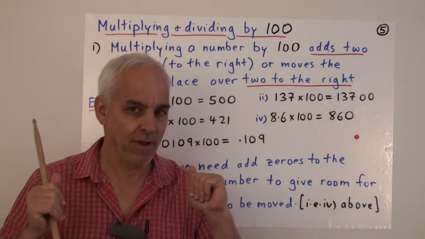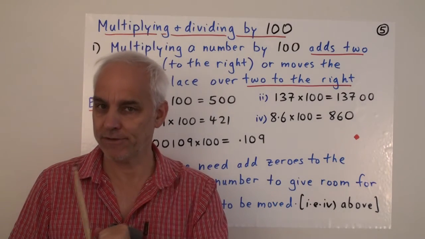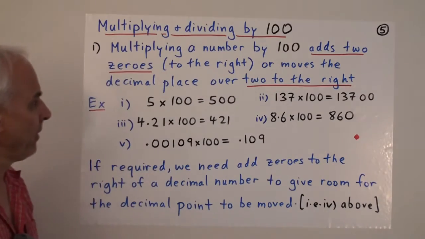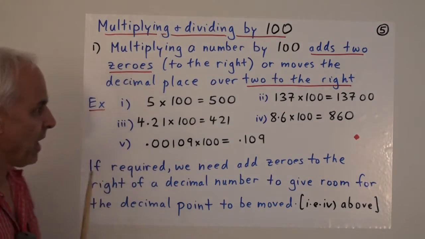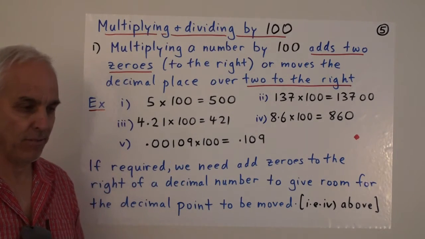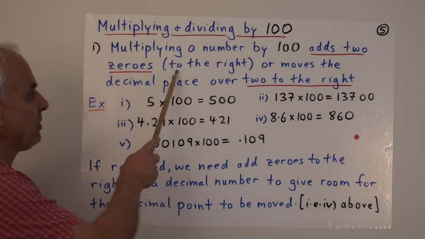All right, so we understand multiplying and dividing by 10. Let's go up a step and just make sure we understand about multiplying and dividing by 100. Let's start with multiplying, which is always simpler. So multiplying a number by 100. How do you do it? It adds 2 zeros to the right of the number.